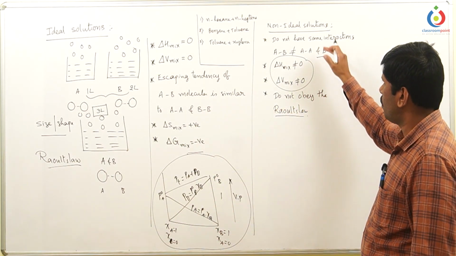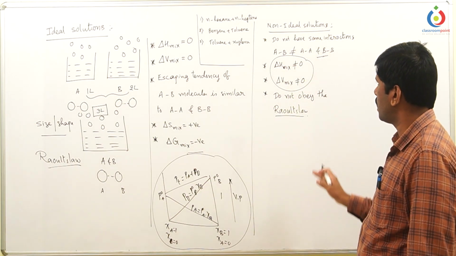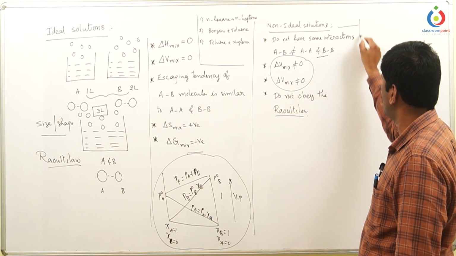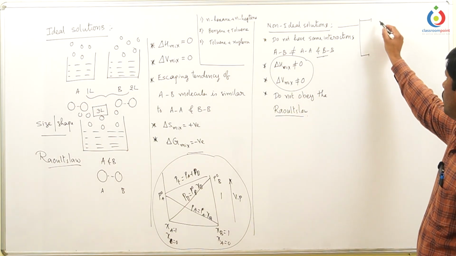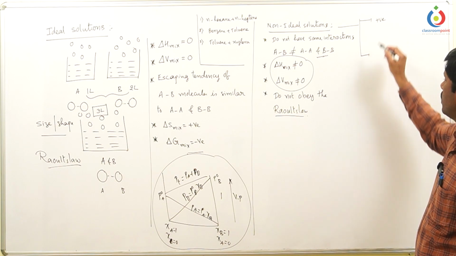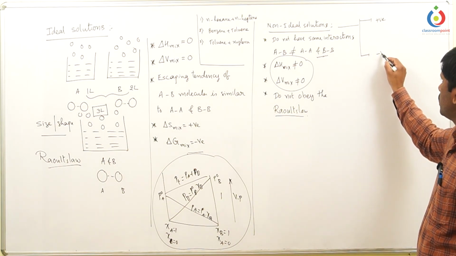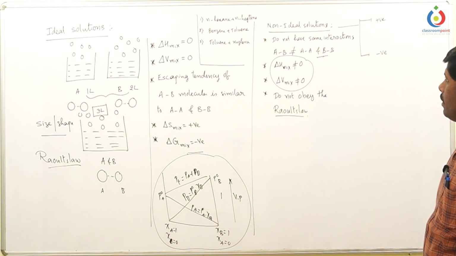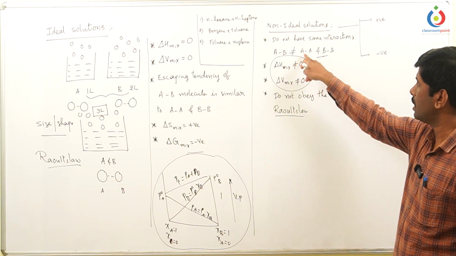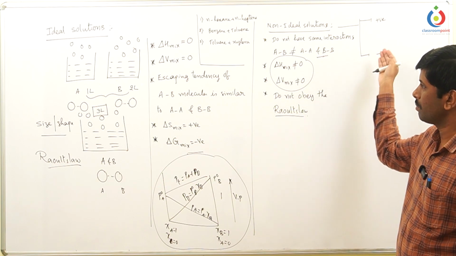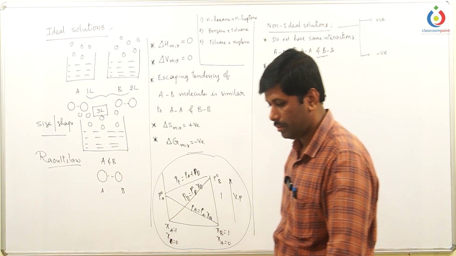So let us see how many categories of non-ideal solutions there are. These non-ideal solutions are of two categories: the solutions showing positive deviation from Raoult's law, and the solutions showing negative deviation from Raoult's law, based on the attractions between AB molecules, AA molecules and BB molecules. So let us see that now.